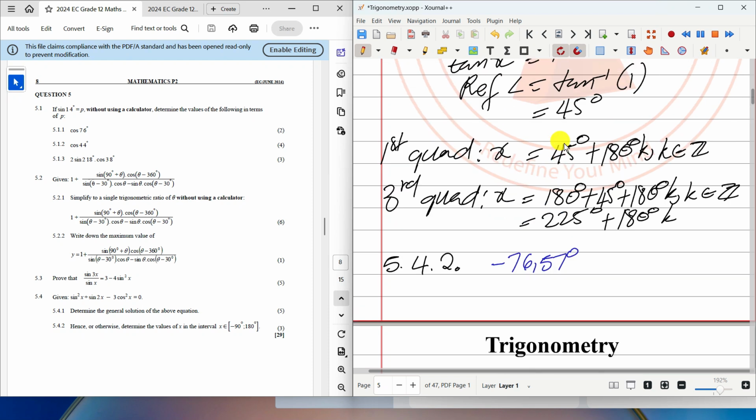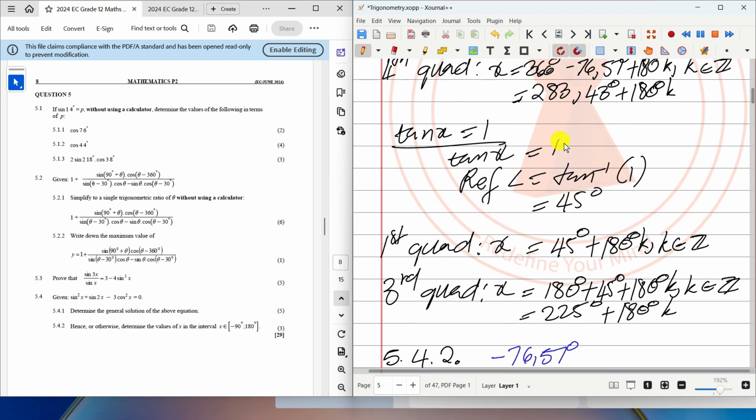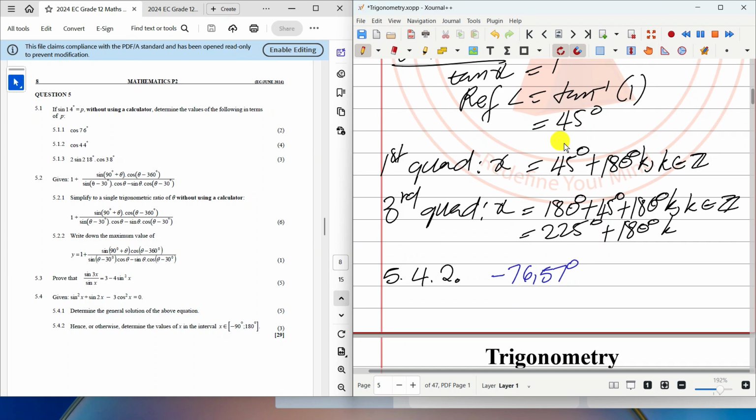And for the other one, 45 minus 180 gives us minus 135, which is outside the domain. It's lower than negative 90. It's totally out.